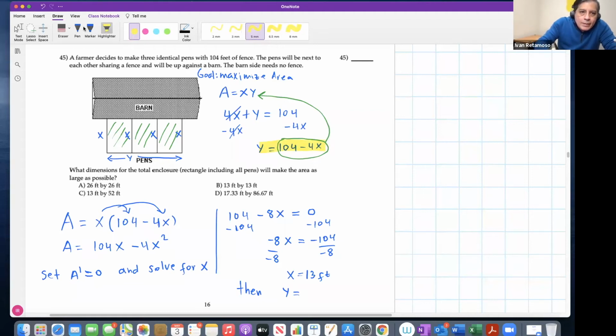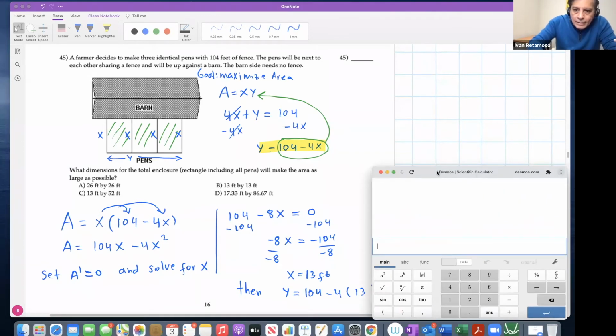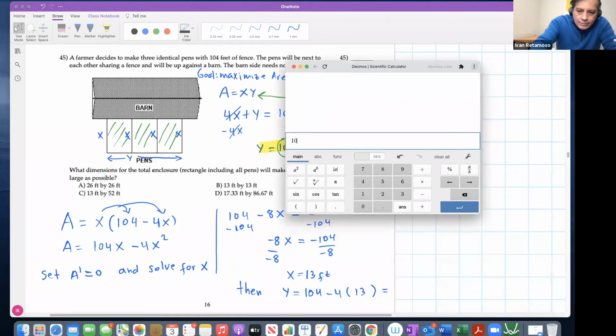So replacing my value of x that I just found, 104 minus 4 times the value of x that I just found, which is 13, I will get that the value of y is just this. Let's calculate this in our Desmos calculator. 104 minus 4 times 13. Great. So 52.